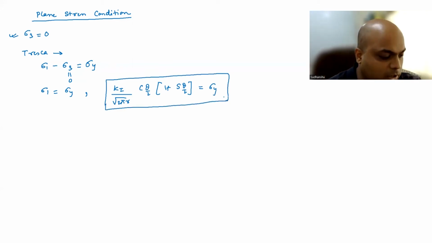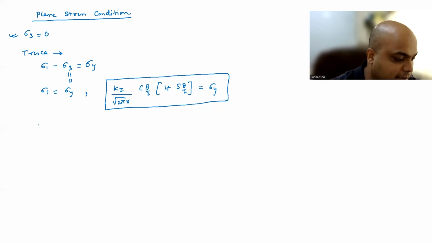Okay, so we got one relation between theta, r, sigma y and K1. Now, if you put theta equal to 0, which is on the crack plane, you are going to get the same ry value that we learned in the last class. But now we are varying theta and seeing the changes in the value of ry in front of the crack plane.